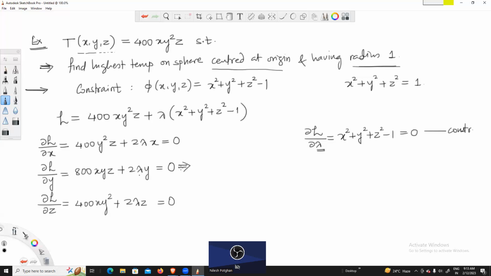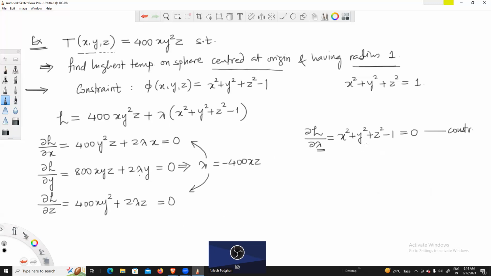If I want to eliminate lambda, I find it from the first equation: lambda is divided by 2y, so this is minus 400xz. Now you have to put this value of lambda in the other equations.